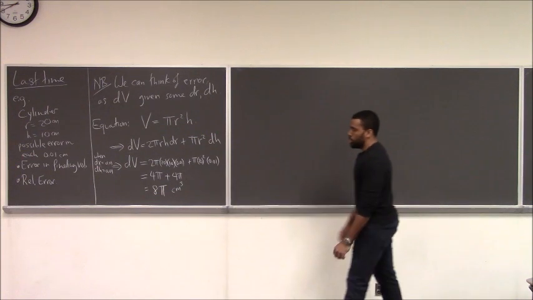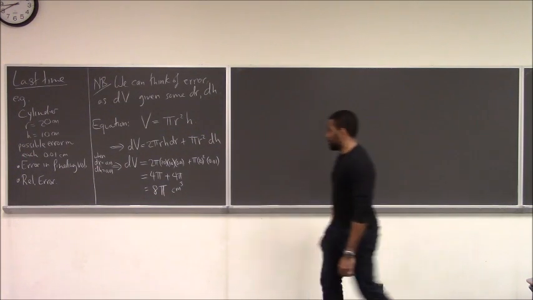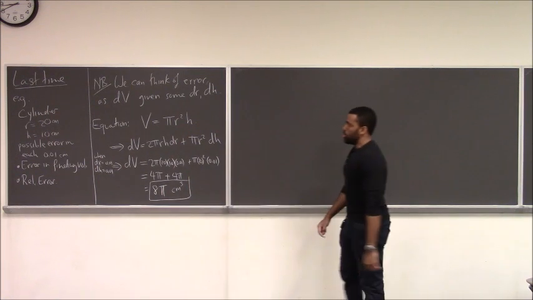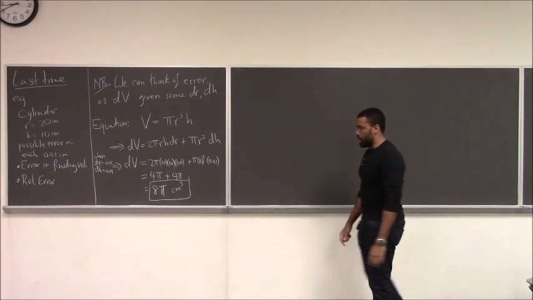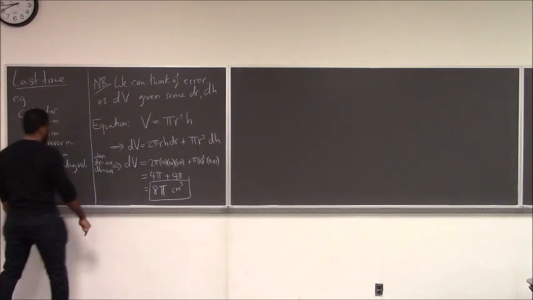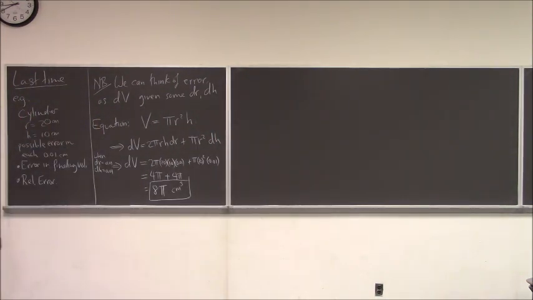Right? That's how much will be off from the actual volume. The maximum amount we can be off is by 8 pi units. Which means whenever someone actually tells you, oh, we think the volume of the cylinder is this, well, they could be wrong, give or take 8 pi units.